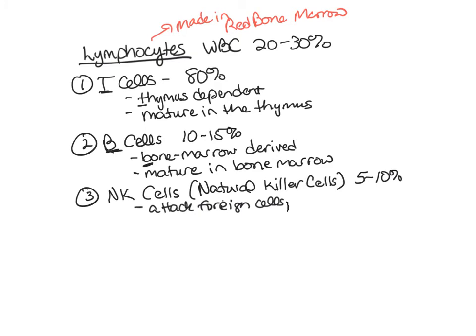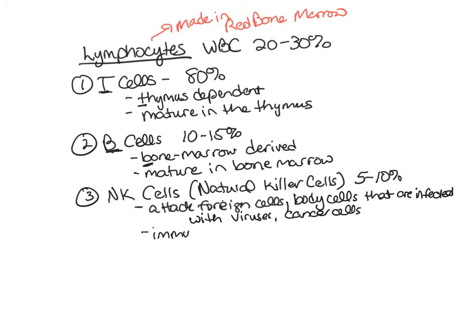They'll also attack body cells that are infected with viruses. And they'll also attack cancer cells. So they're not very specific. They are just going to attack anything basically that looks dangerous and abnormal. And so we say that natural killer cells are part of immunological surveillance.